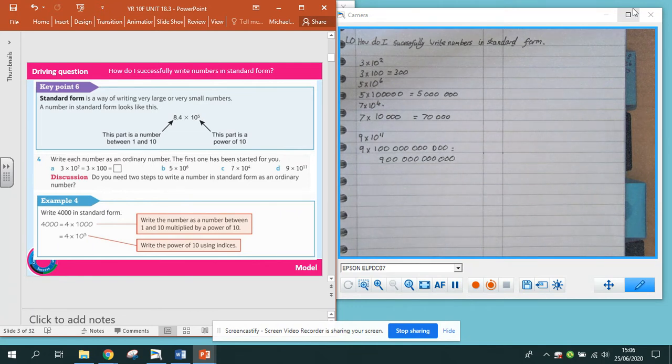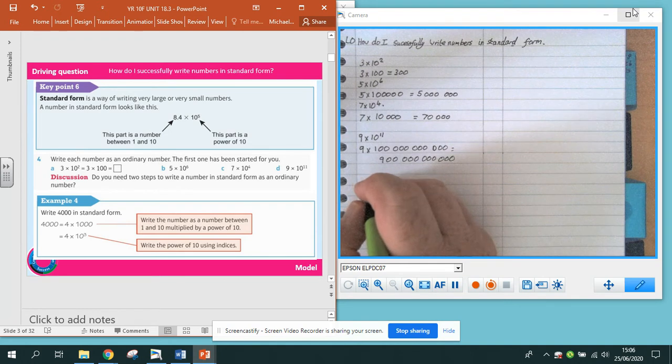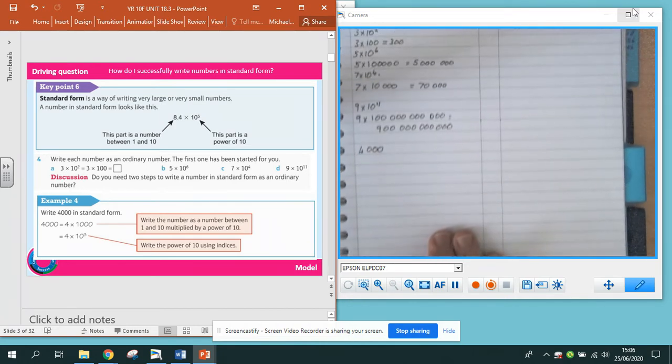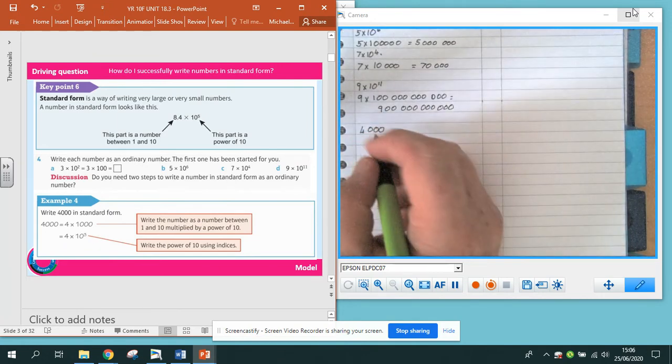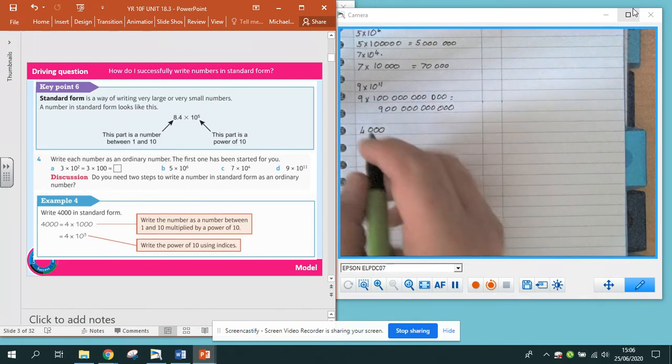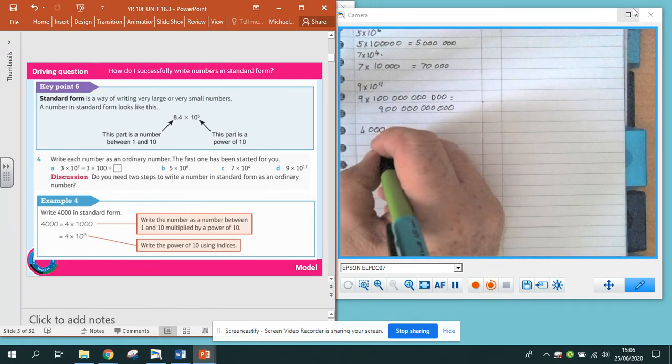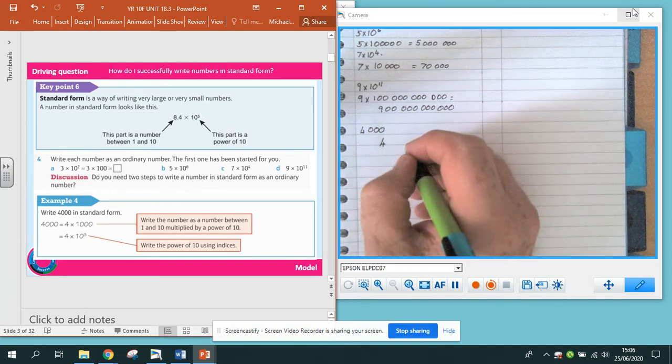So the next example that they've got there is 4,000 in standard form. So the way we do that is, let me see, 4,000 in standard form. Now obviously my first number is going to be 4.